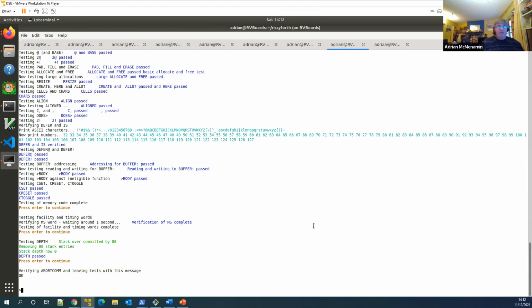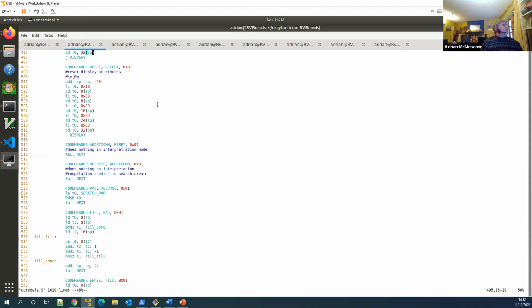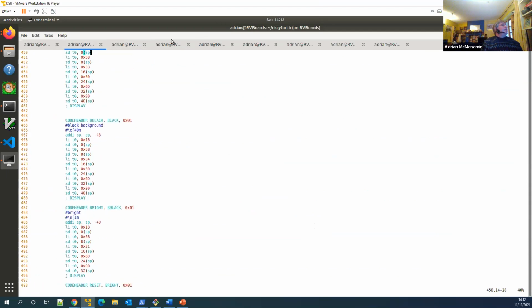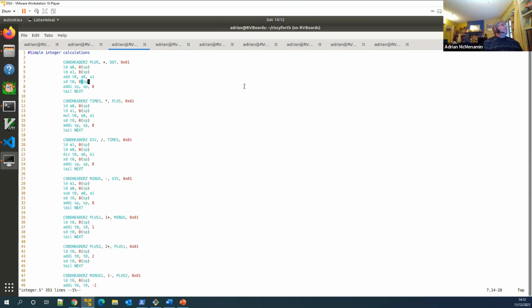And that's it, basically. So that's a quick run through of it, and this is just some of the code, just so you can see what it looks like, and it is all written in RISC-V assembly.